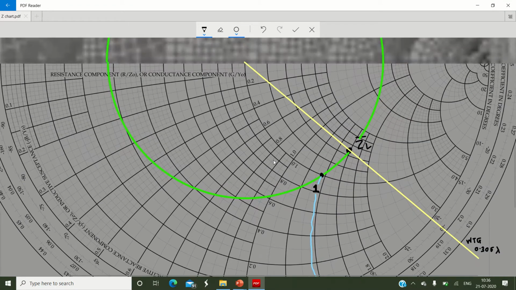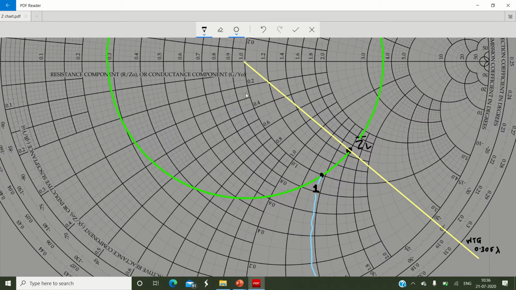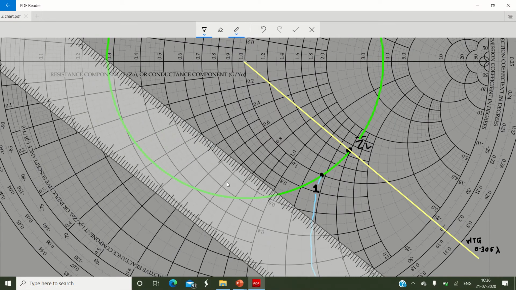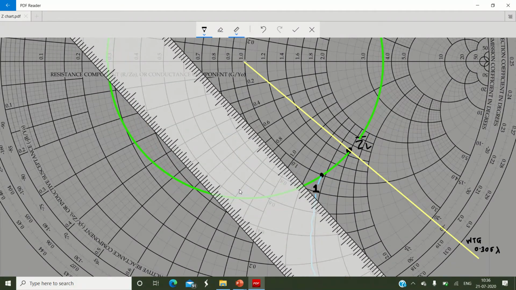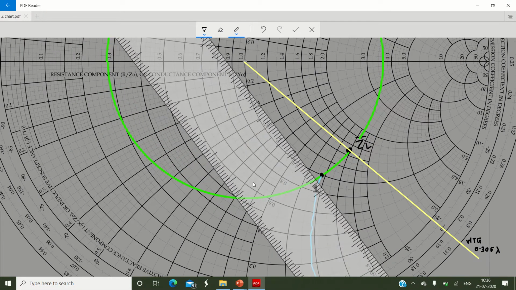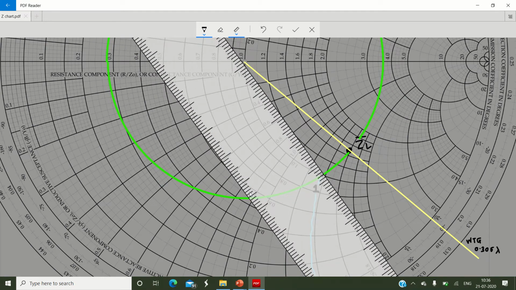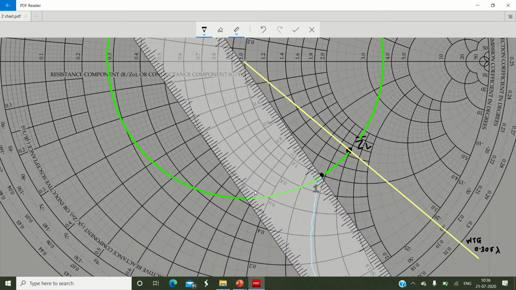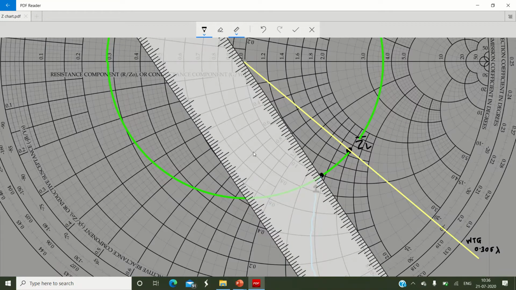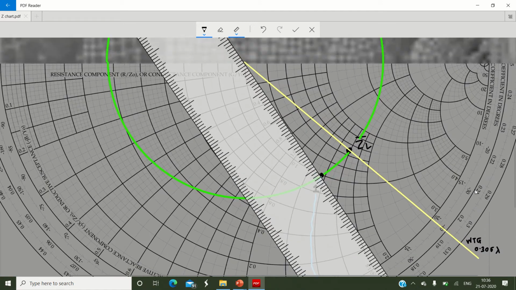The same procedure applies. Take a ruler and connect the center of the Smith chart. I hope you people are following along with me. Connect the center of the Smith chart with point number 1 and extend the line to the periphery.